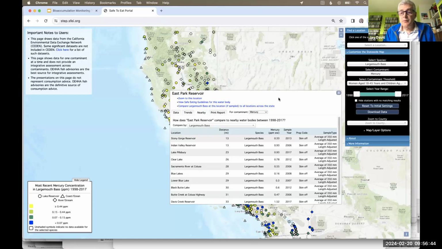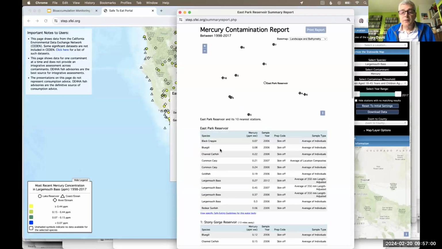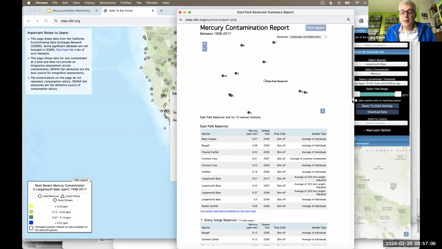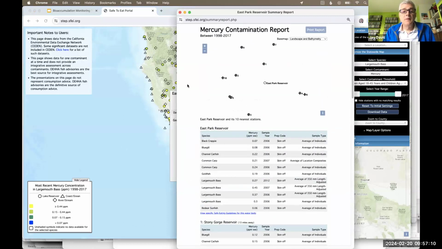You can see what's been found nearby in the region. It shows the distance to the nearest water bodies and the data. You can also print a report that has that same kind of information and shows a map of where the other locations are and the data for the other locations in more detail.